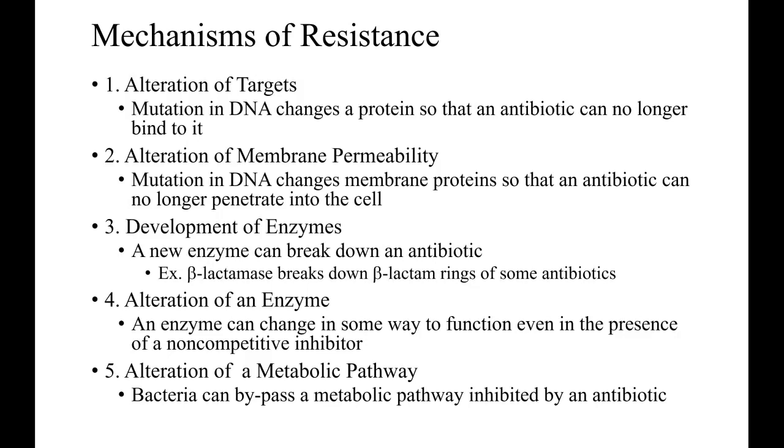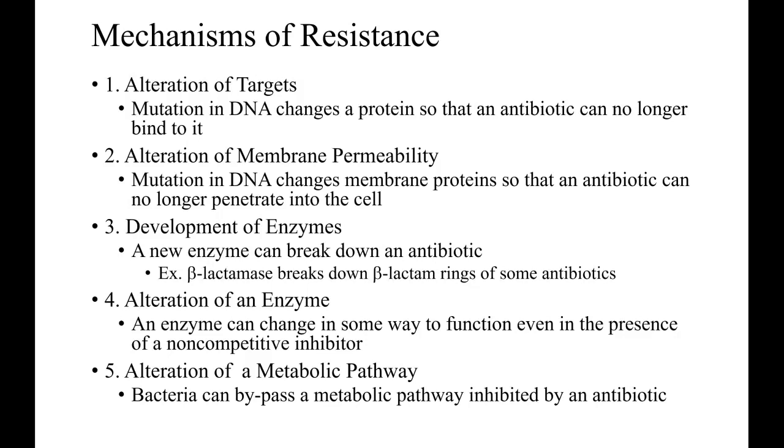It's no longer going to be able to bind to it. So if mutations happen, now that antibiotic is going to be useless. Now we know that bacteria can reproduce very quickly, so mutations can happen very quickly.